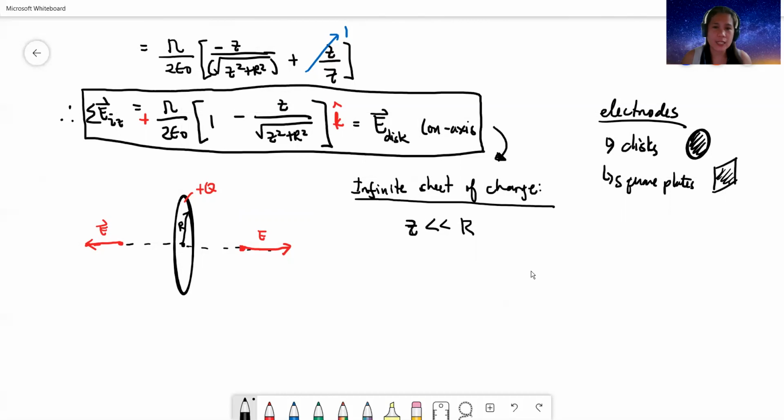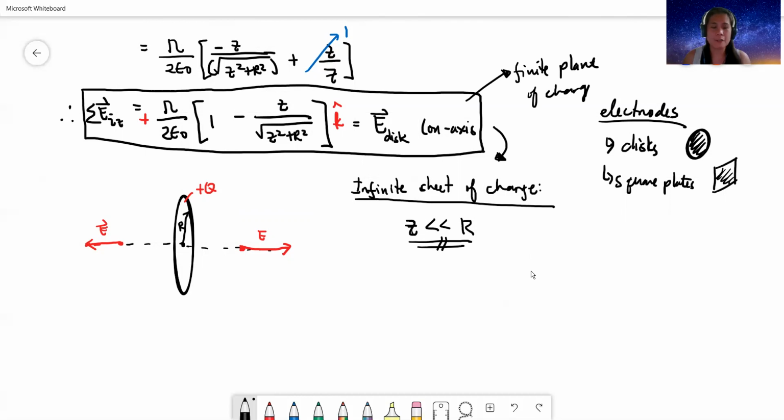So, we can say therefore that this is not just for an infinite sheet of charge, but this is actually a good approximation already for a finite plane of charge or sheet of charge, so long as this condition is true.